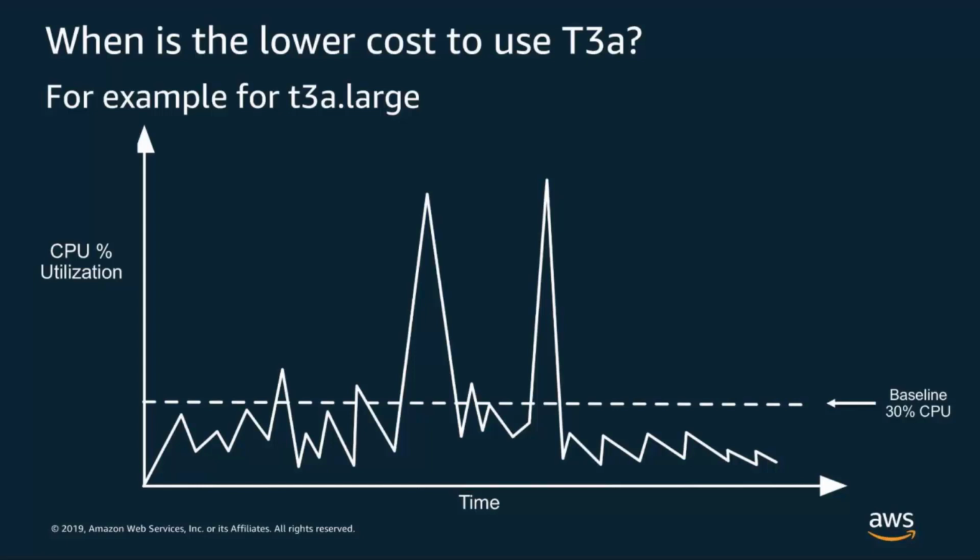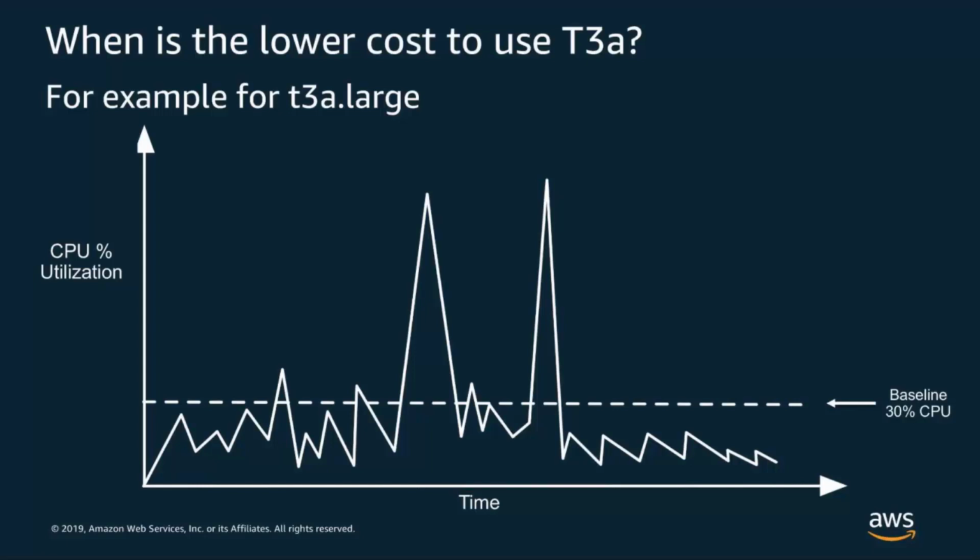For this specific T3a large, you get a baseline of 30% of your CPU utilization. So if you go, for example, in CloudWatch, which is an AWS utility that allows you to monitor your instance types, if your baseline average CPU utilization is at 30% or lower, that's going to be what you're allocated for that size.